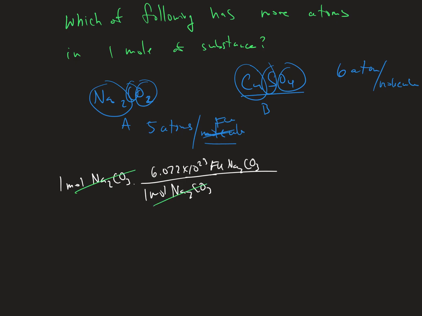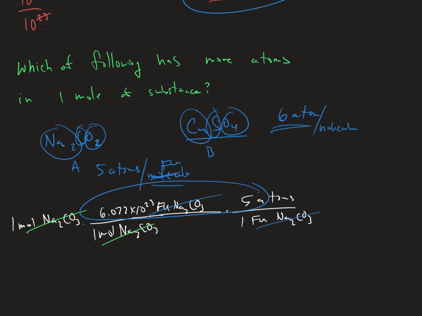And in 1 formula unit of Na2CO3, we have 5 atoms. You with me? So really, we just do 5 times this number. What are we going to do over here? 6 times that number. You good? Yeah, that's what I was thinking, yeah.